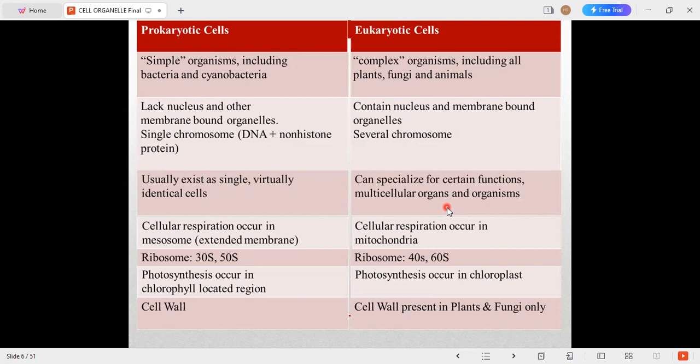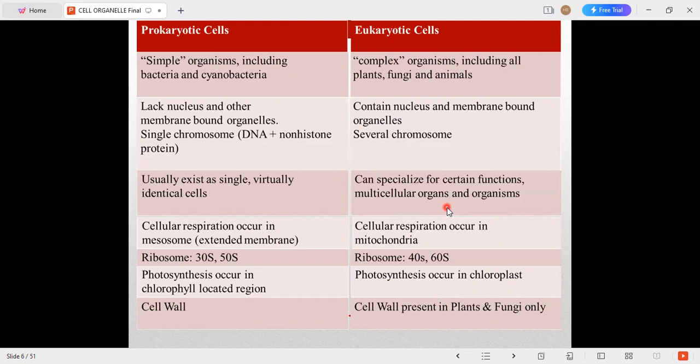Prokaryotic cells lack the nucleus and other membrane-bound organelles, and they have a single chromosome in which DNA is associated with no histone proteins. On the other hand, eukaryotic cells contain a nucleus and membrane-bound organelles, and they contain several chromosomes.